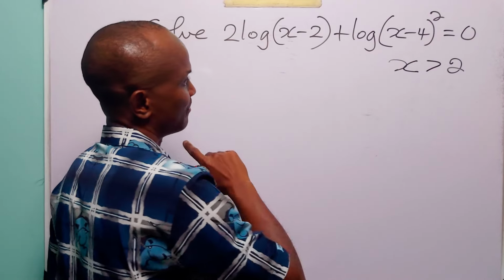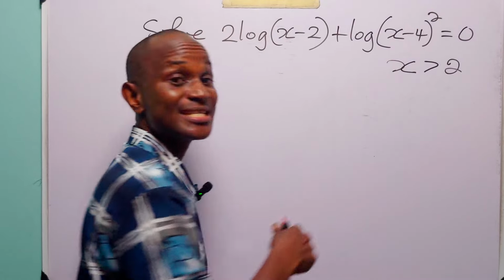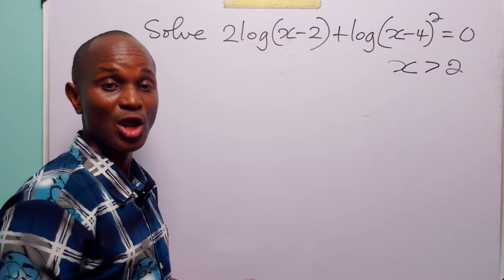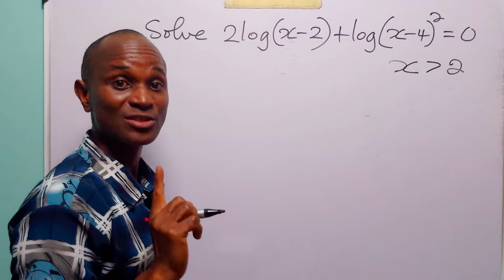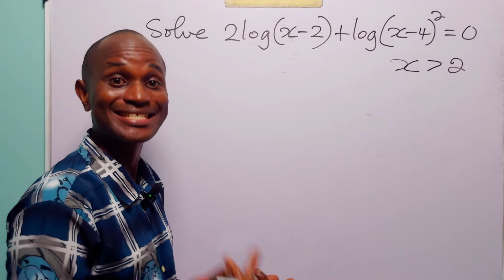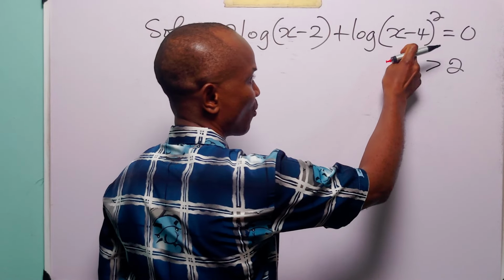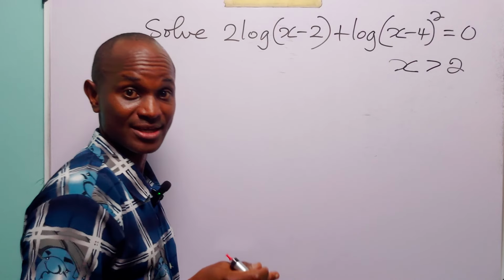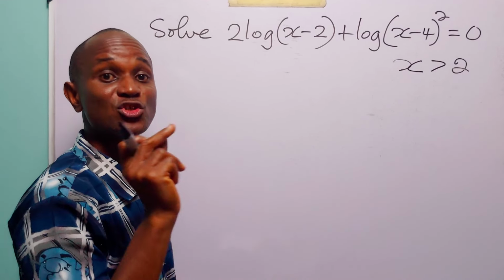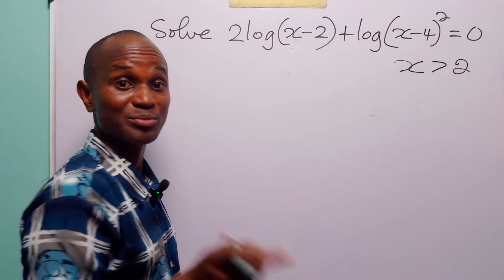Now, coming to this term, since (x - 4) squared is always going to be positive, the only point at which this logarithm is going to be undefined is when x is equal to 4. Because when x is equal to 4, we are going to have 0, and we don't want that. So x must not be equal to 4 for this log term to be defined.